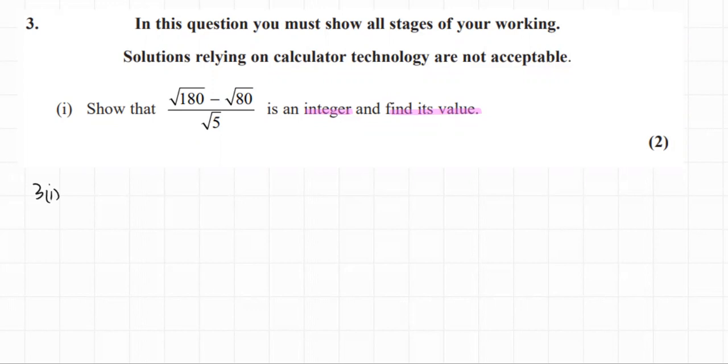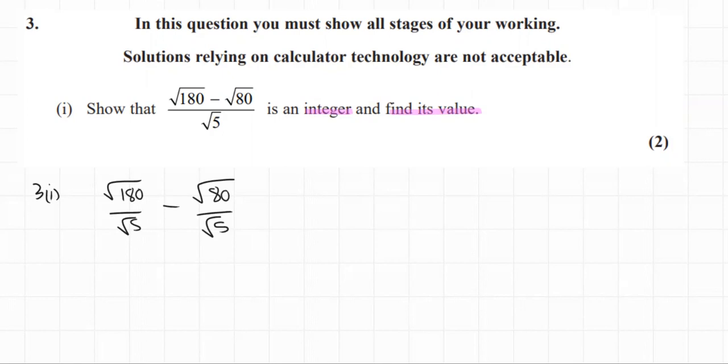First thing I do is split the denominator. So 180 over square root 5 minus 80 over square root 5. Okay, split up the denominators.